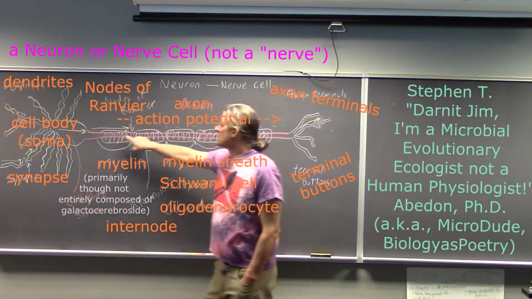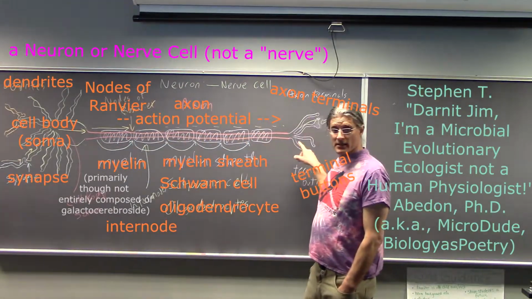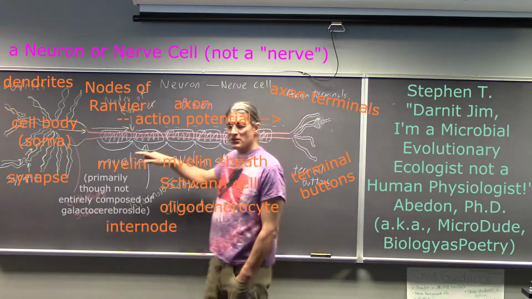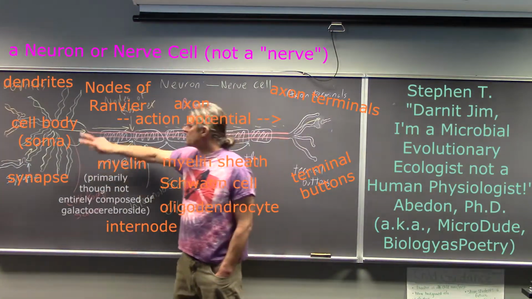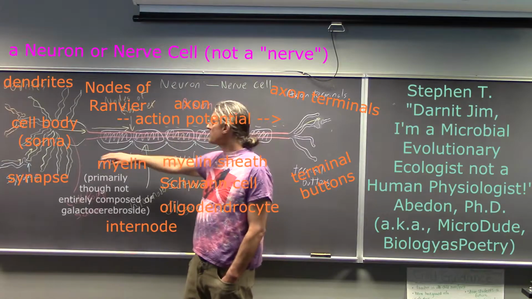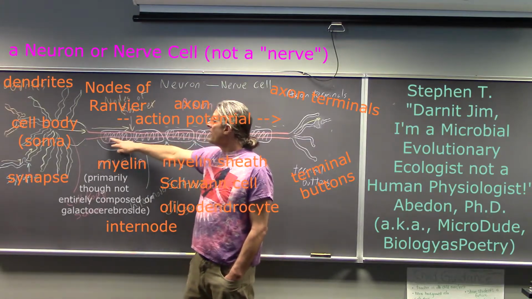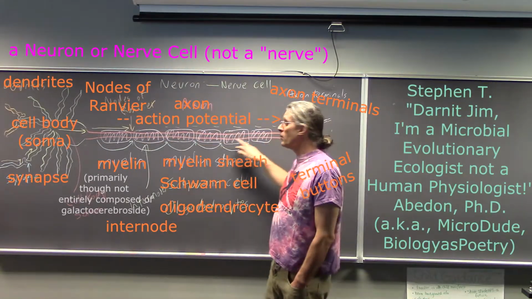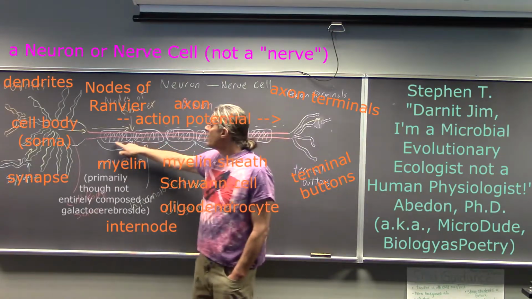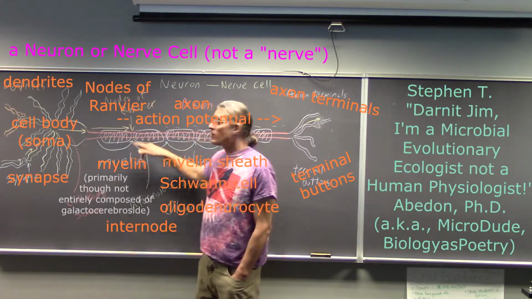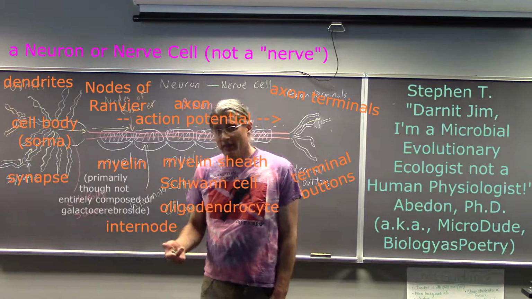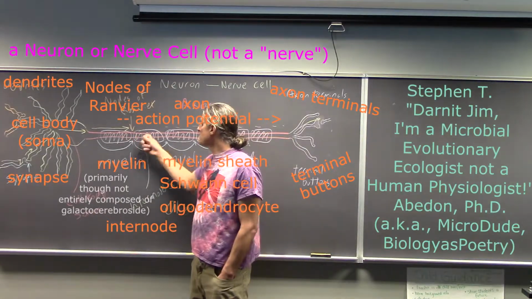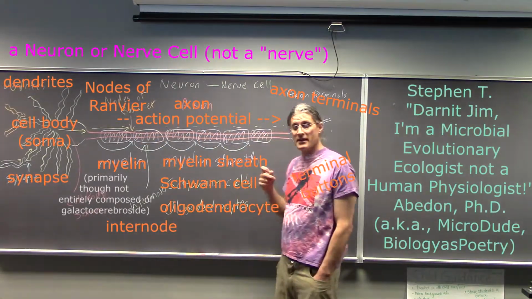This signal goes down the axon. It's a little bit different in certain kinds of neurons, but in most neurons, it starts at this end and goes down the axon in that direction. And you have movement down the axon, a wave of depolarization, and this depolarization is more efficient and goes more quickly if you've got this myelin insulation on the axons.